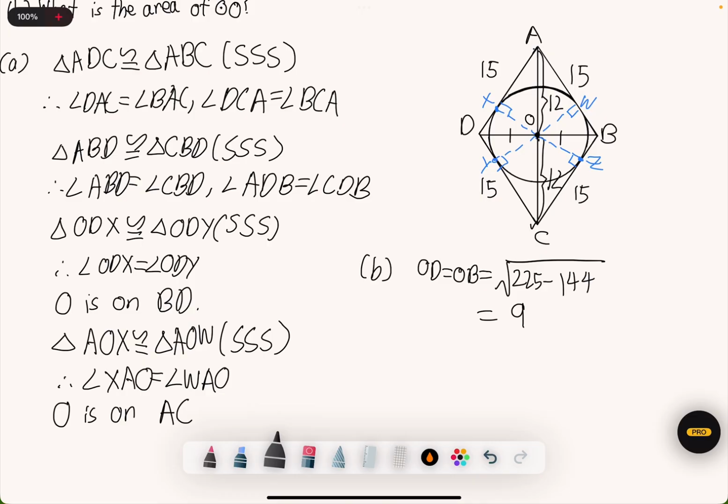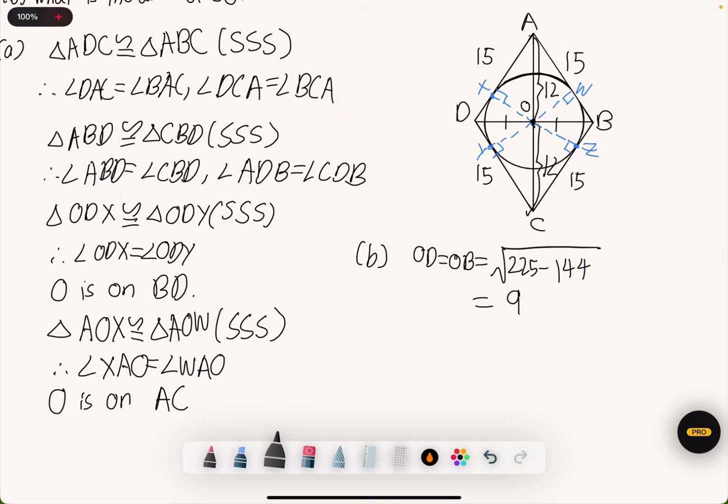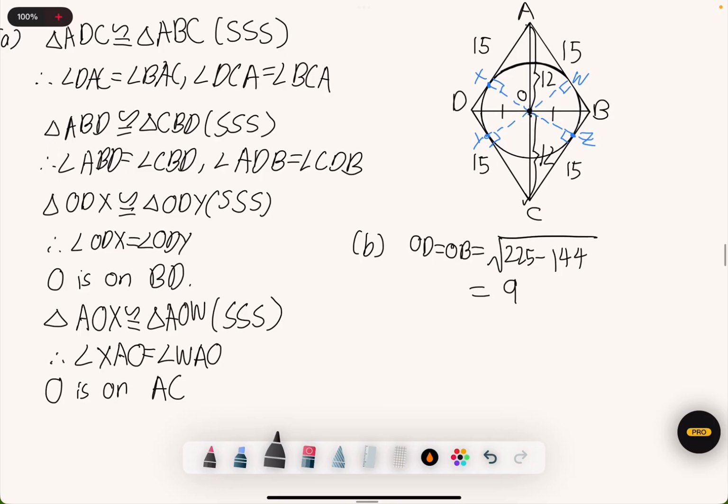So what does this tell us then? Let's say this length is A. Let's use a different color. That means the other length is 15 minus A.